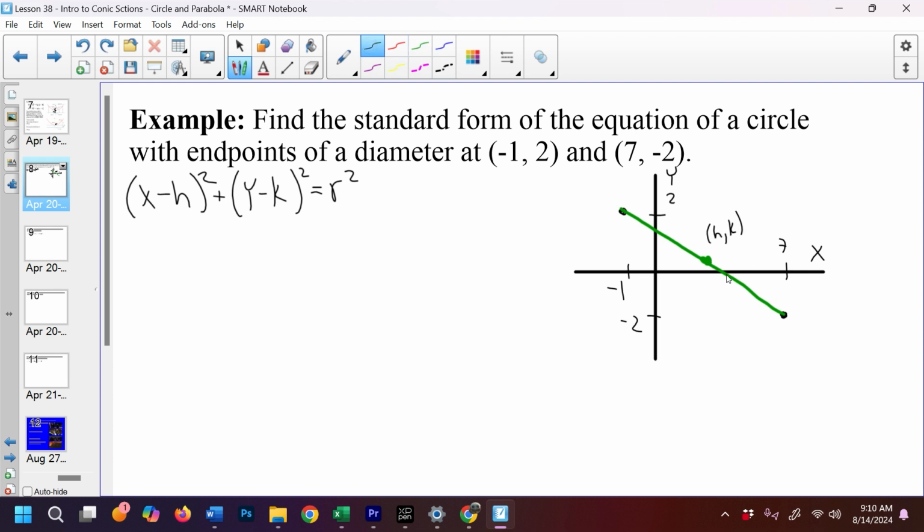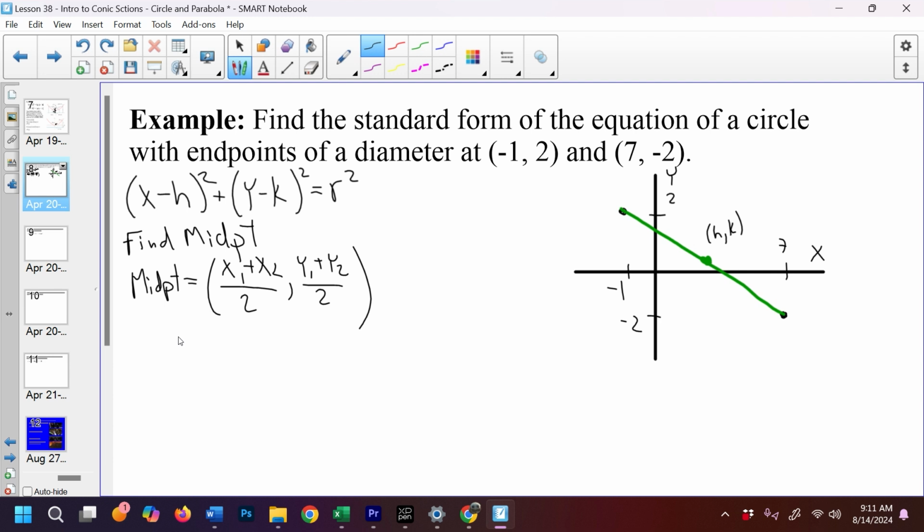So to find h and k, I need the midpoint. So recall my midpoint formula: x1 plus x2 all over 2, comma, y1 plus y2 all over 2.